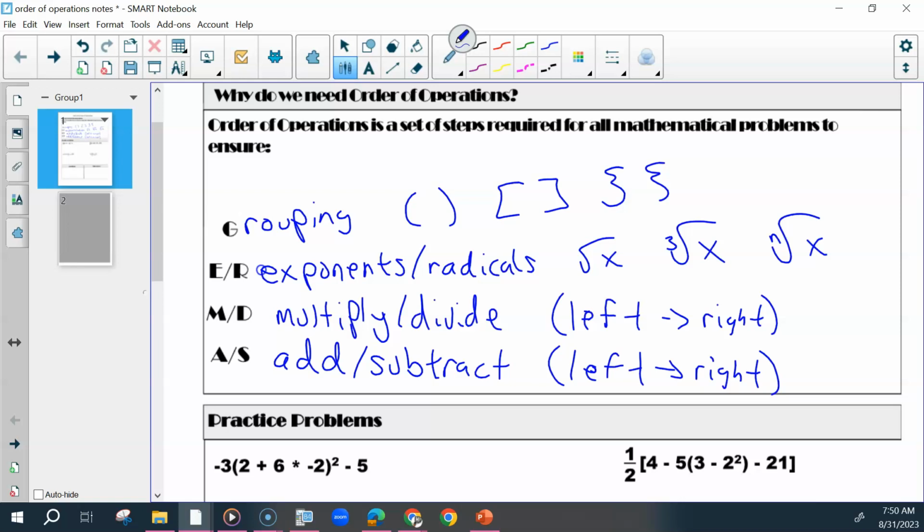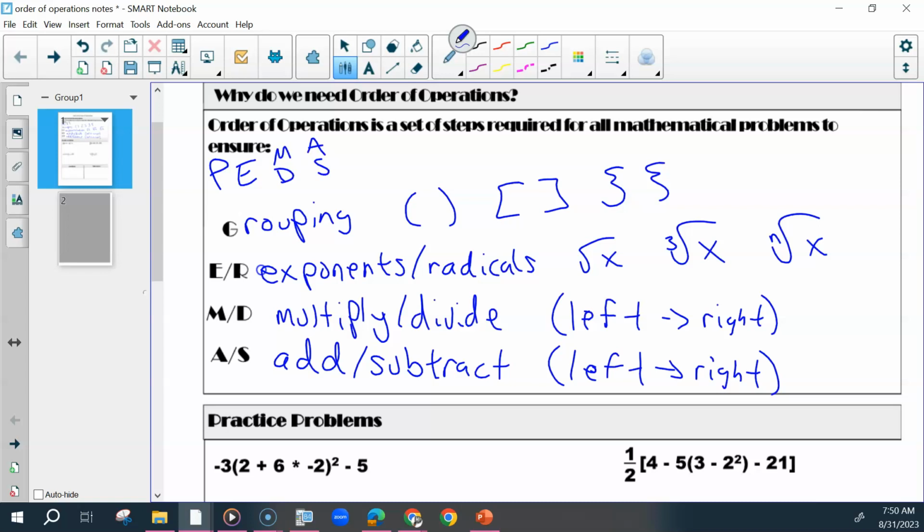So I usually write PEMDAS, but I usually write it as to show whichever comes first.